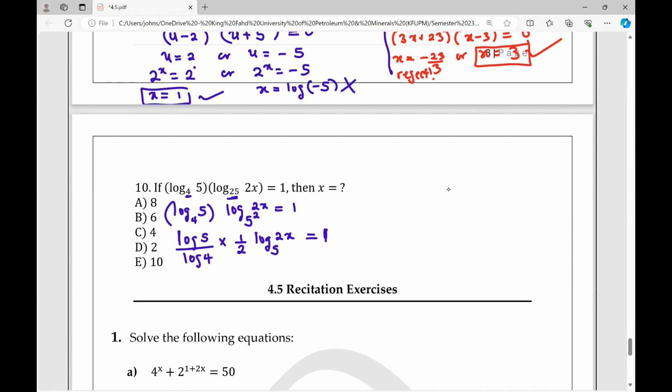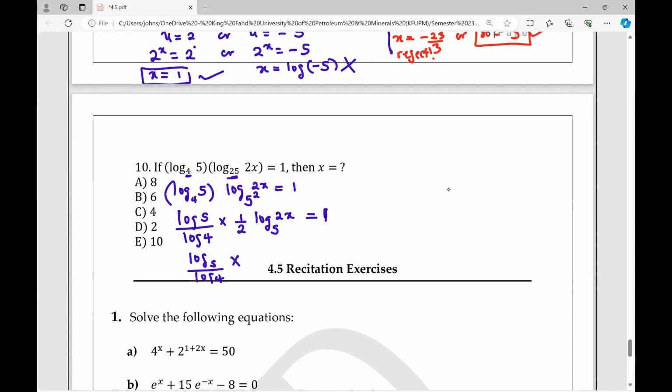So what can we do with this half here? We can transfer it so that it becomes a power. So I can write it as log base 5, log 4 times log 5 of 2x all to power half.